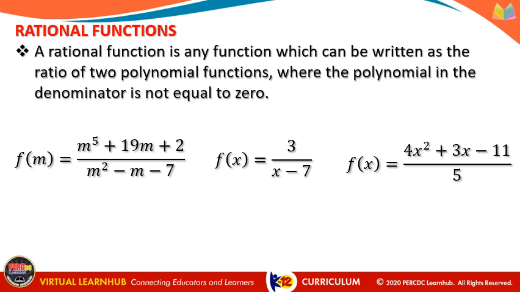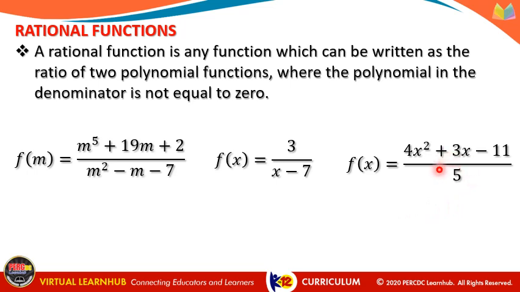Notice na sa tatlong ito, both the numerator and the denominator are polynomials. So m raised to 5 plus 19m plus 2 and m squared minus m minus 7, both of them are polynomials. Now, remember, constants can be considered as polynomials. So pag let's say sinabi mo lang f of x equals 3, that is still a polynomial.